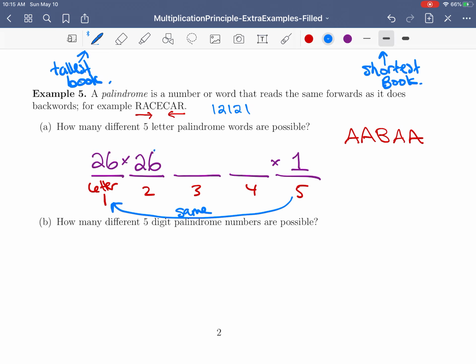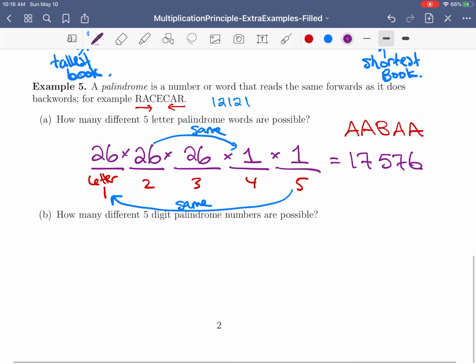But letter 4 has to be the same letter so that we read the same word from either side. So once we pick letter 2, letter 4 is determined. And now letter 3 can also be anything. So we're going to get 26 cubed, which is 17,576 different 5-letter palindromes.